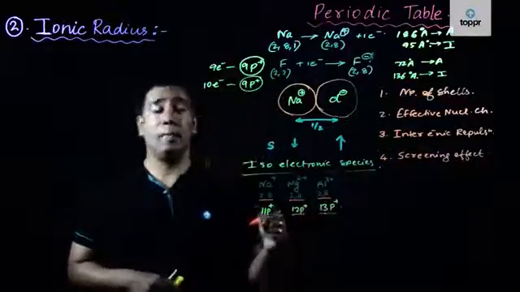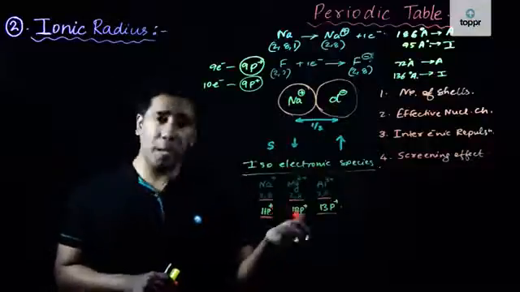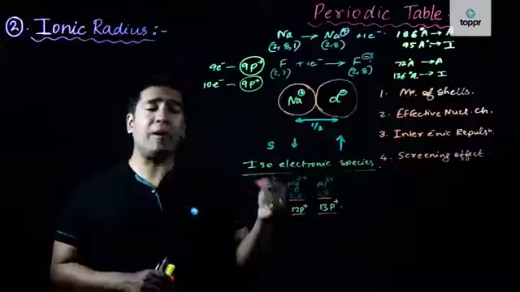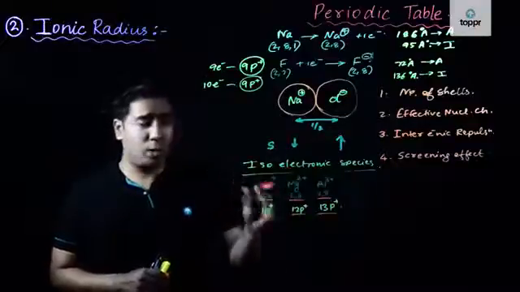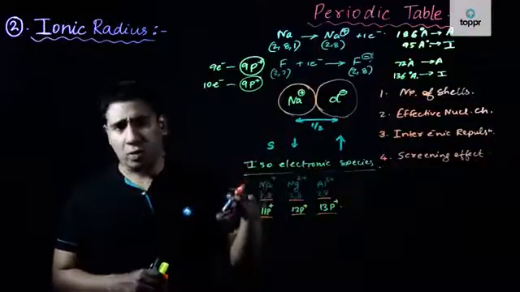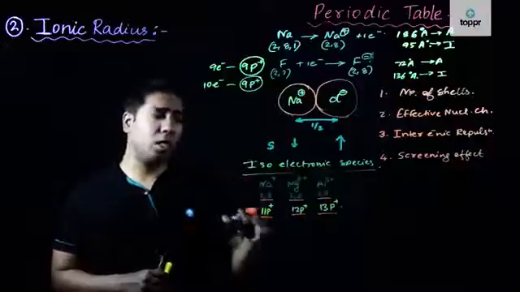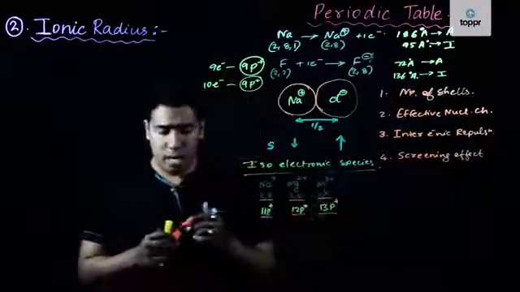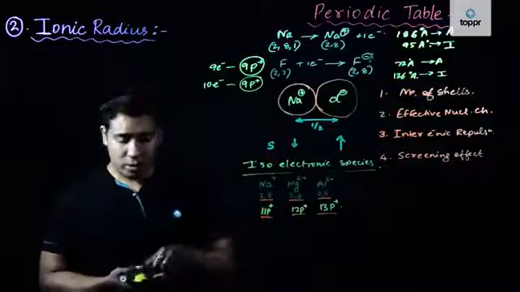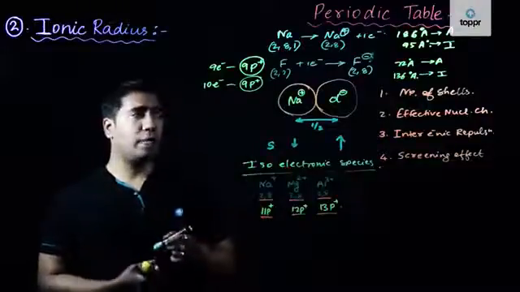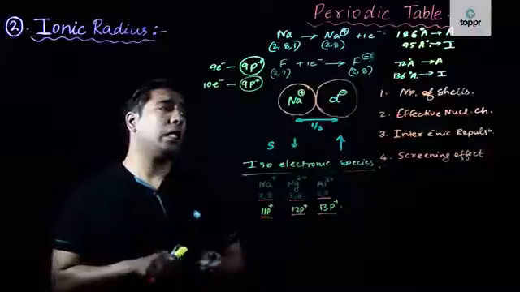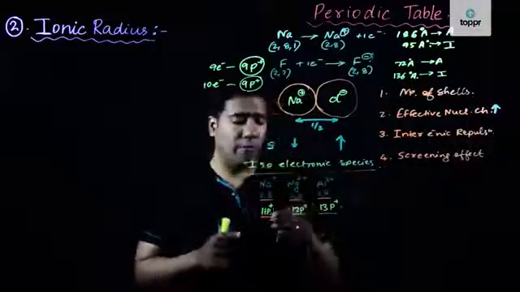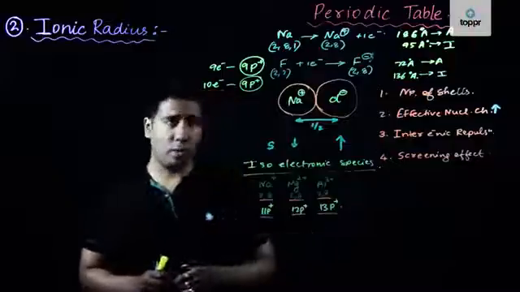Hence, because the nuclear charge per electron is more, as the number of electrons is the same, we can say that the effective nuclear charge, that is the total nuclear charge per electron, increases as we go from sodium to aluminium. Hence, we can see that the effective nuclear charge increases as we go from left to right in the periodic table.